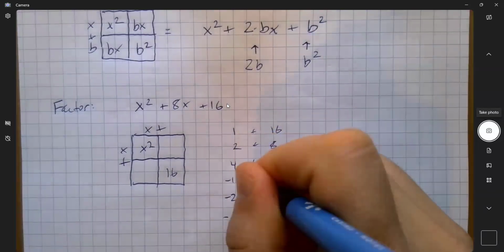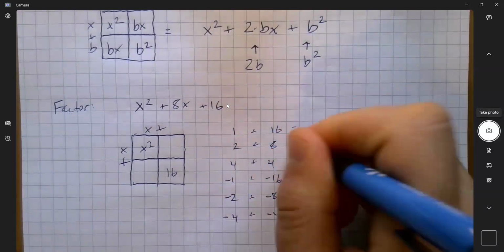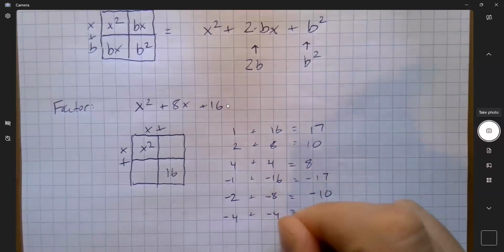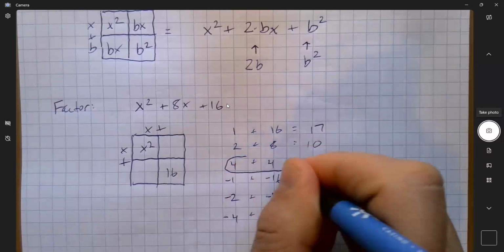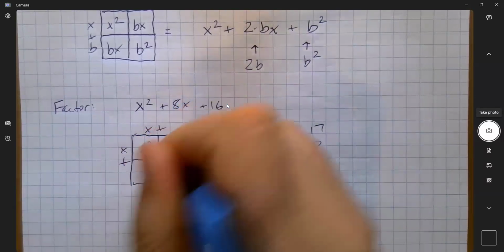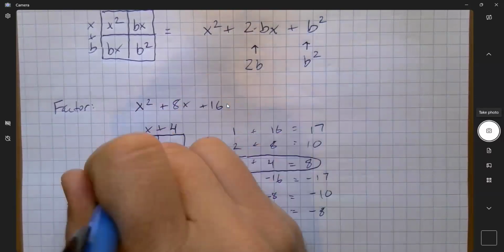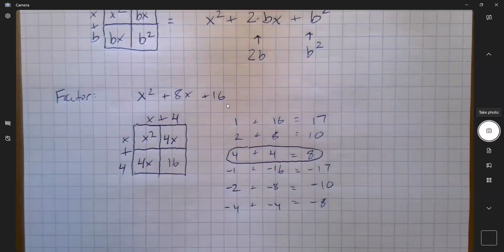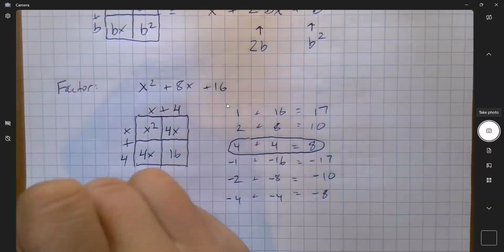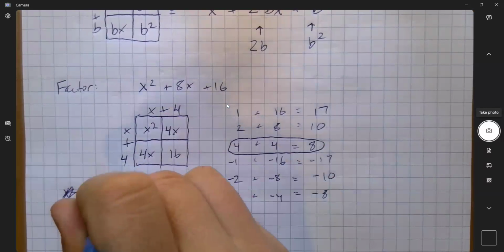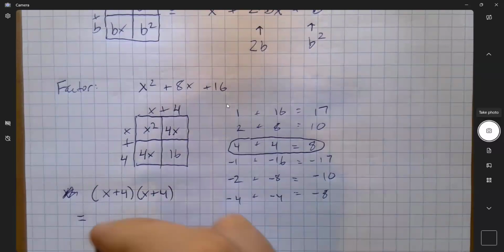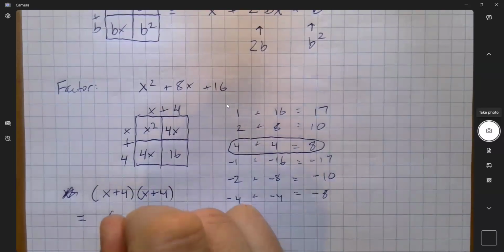And then we just do our addition across. I like to put them all just to show you, but probably you'll stop as soon as you see the 4 plus 4 equals 8, which means we have a 4x and a 4x, which makes it x plus 4 times x plus 4. And so we have x squared plus 8x plus 16 equals x plus 4 times x plus 4, which is often written as x plus 4 quantity squared.